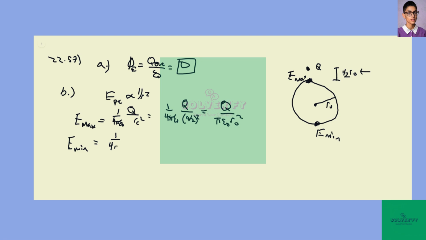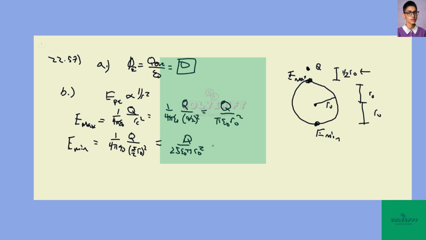It'll be the same equation here with r being the farthest. Now the farthest is going to be a half r naught plus another r naught plus one more r naught. So this is going to be 5 halves r naught squared. If we square that out and simplify it, this is just 1 over 25 epsilon naught pi r naught squared times q.